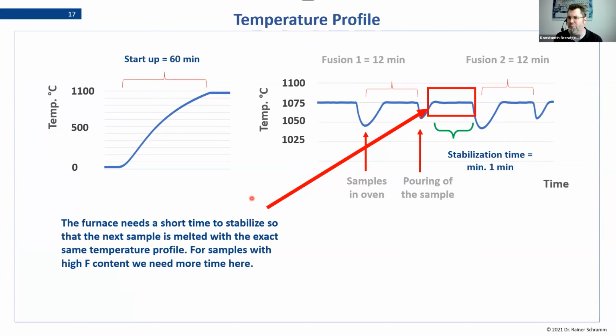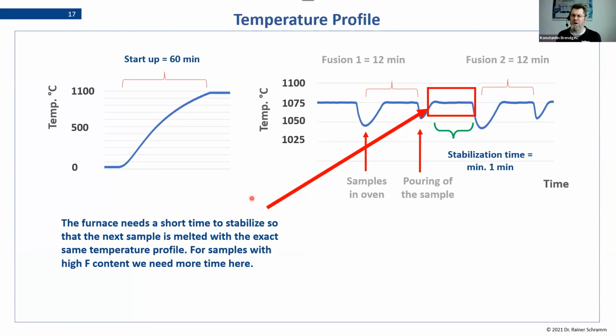In our machines, it's called fusion stabilization, and we can give it a time frame, usually 2 or 3 minutes, just to make sure that every fusion we do is done at the same temperature profile and the same time, so that we get a good reproducibility in the end.